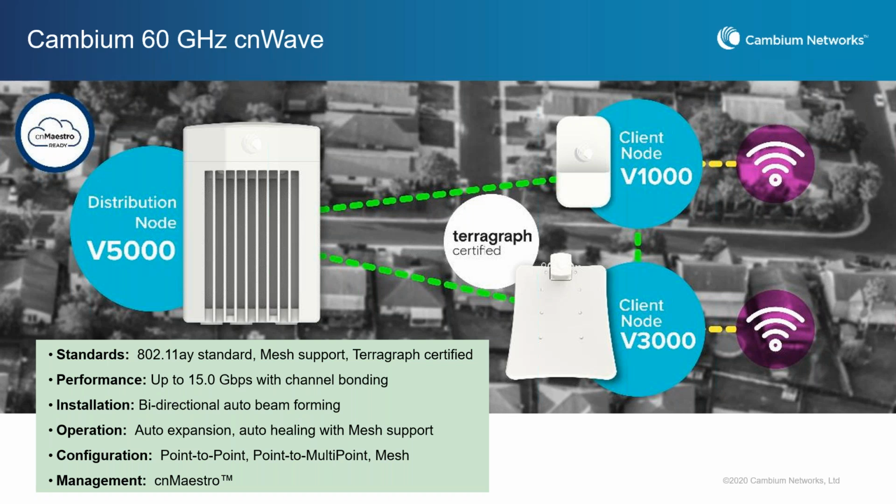Normally we cover 200 to 250 meters, depending on the run rate and your location. The second model is the V3000, a high-gain client node, so we can shoot for longer distances. In multipoint, we can shoot from 400 to 600 meters, depending on the run rate as well.